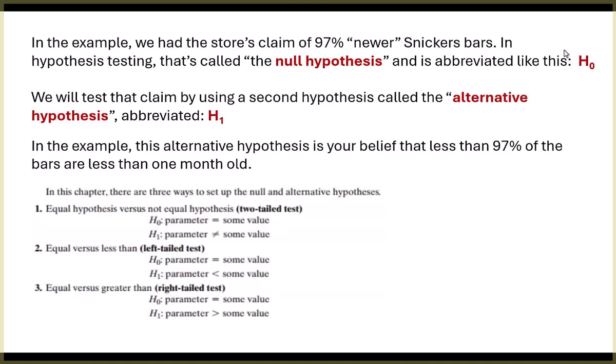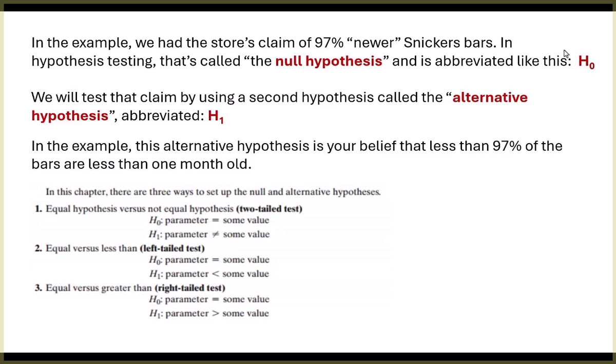Then this is in your book. There's three ways we can set these things up. Notice, we can say the parameter about the population here, our null, is that it equals something. It equals a value.